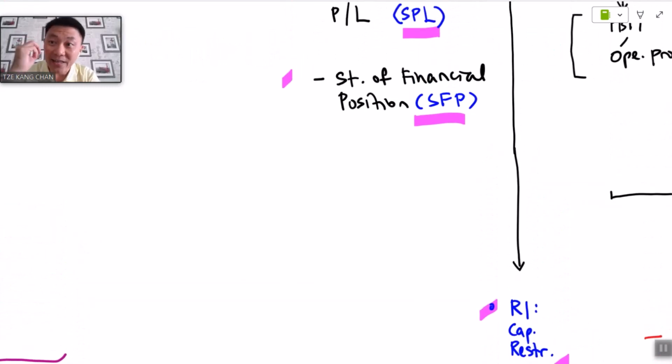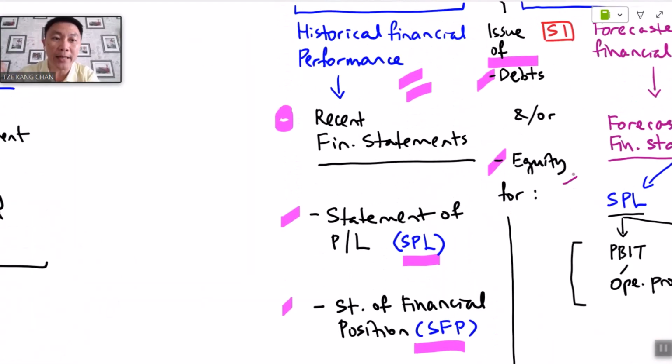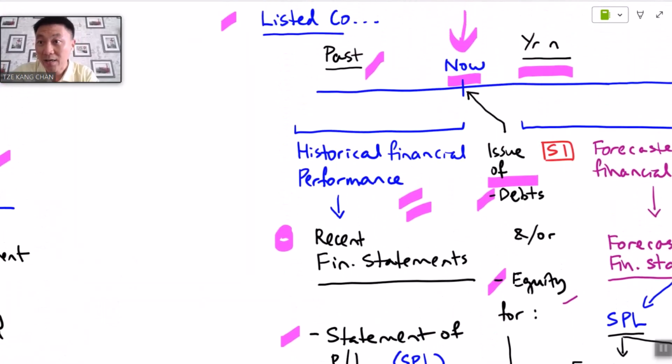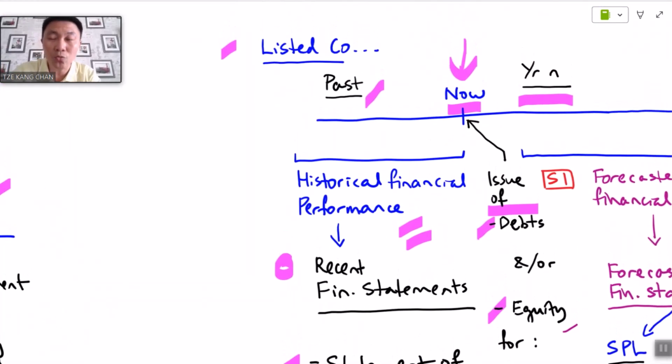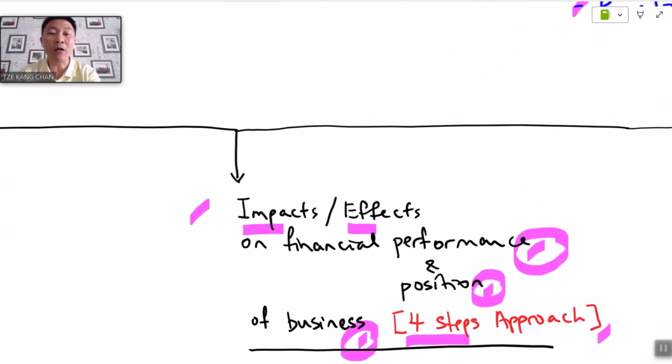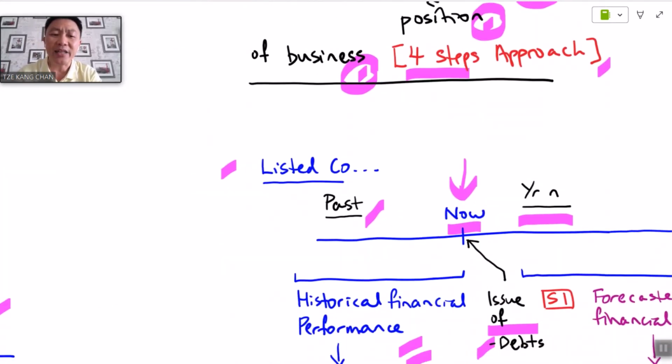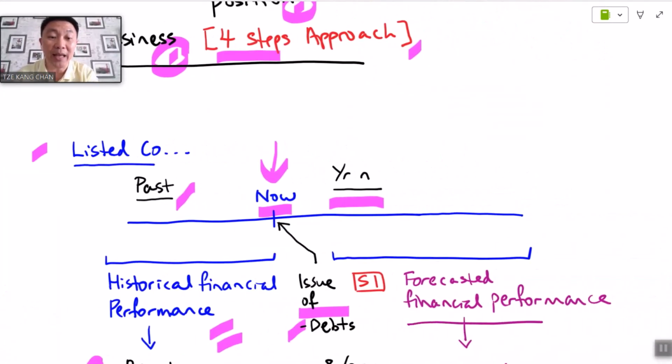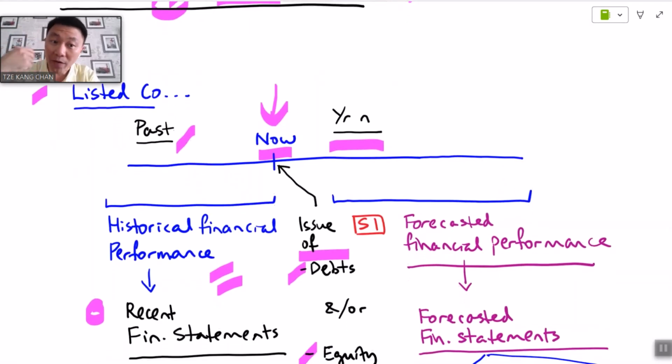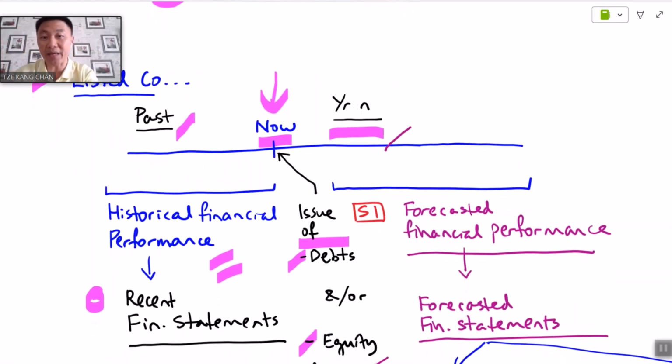With such an intention for the additional finances raised, the first step you would need to figure out, in order to carry on the assessment of the impact, is to formulate and estimate the forecast financial position or financial performance in the coming year after the issue of debt or equity for either R1 or R2 reason.